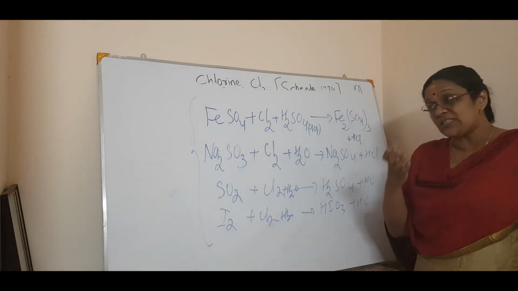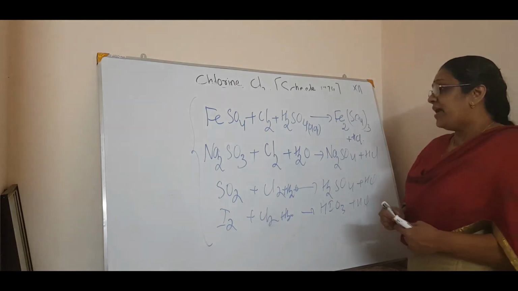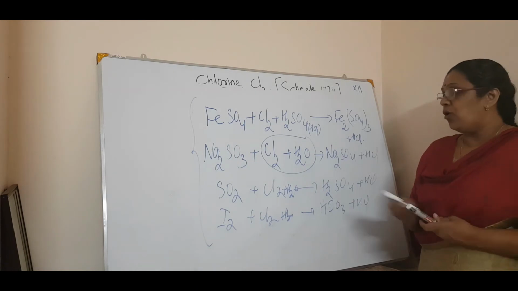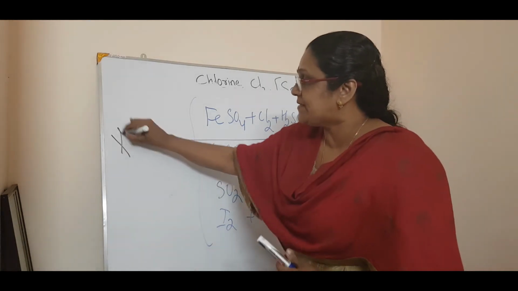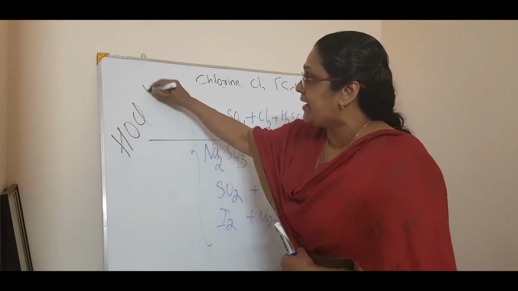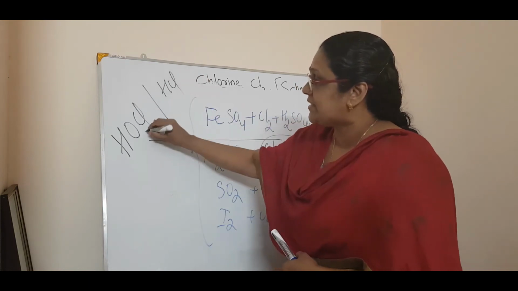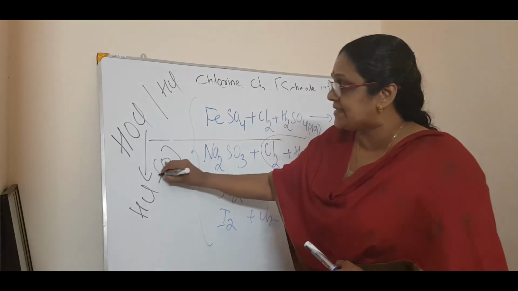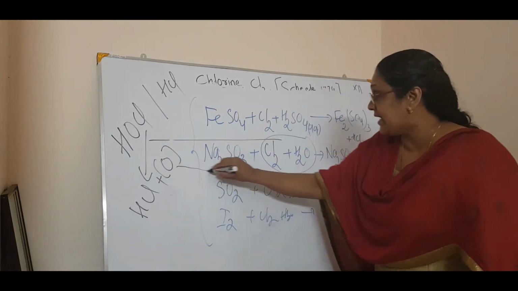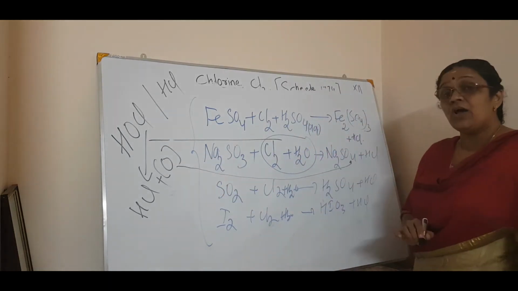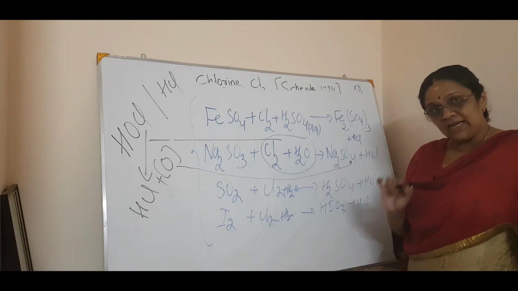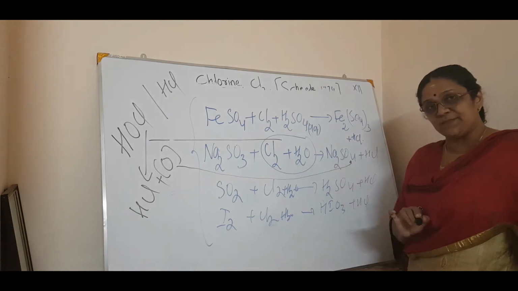And what is responsible for the oxidizing property? When chlorine and water combine together, it will form two products, HOCl and HCl, out of which the HOCl will again form HCl and nascent oxygen, and this nascent oxygen is responsible for the oxidation.